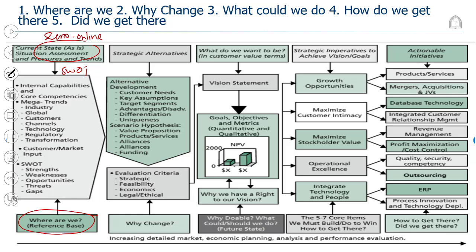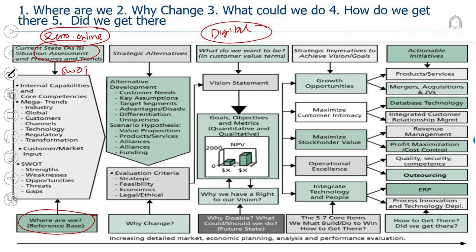Zero, okay? Then let's say where we want to be, where is to be? We want to go digital. So we are here where we don't have anything and we want to go here.